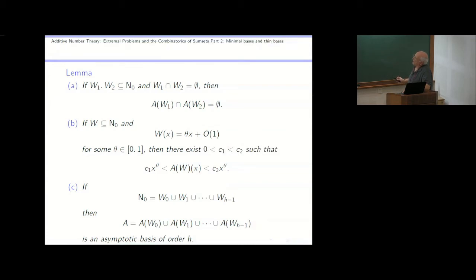If your set W is very regularly spaced, it's not just that it has density theta, but the number of elements in the set W up to X is theta X plus some constant, big O of 1, then the set A of W has growth function like X to the theta, above and below. And then the key part is that if you write the non-negative integers as a union of h sets, and you look at the corresponding sets of numbers with these appropriate binary expansions, this is an asymptotic basis of order h.